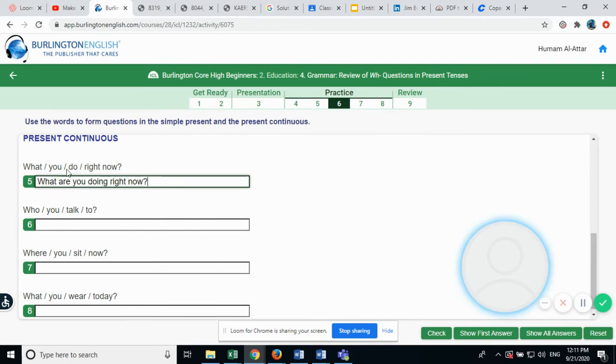I added are and I changed it to present continuous. This is simple present. This is present continuous. I put ing to it. Okay. Now you do the rest, and when you finish, you click on check.